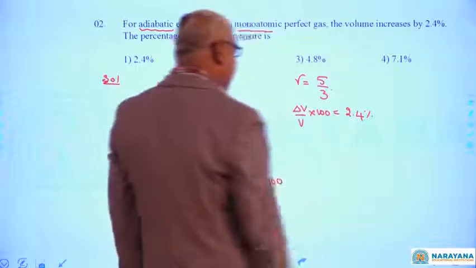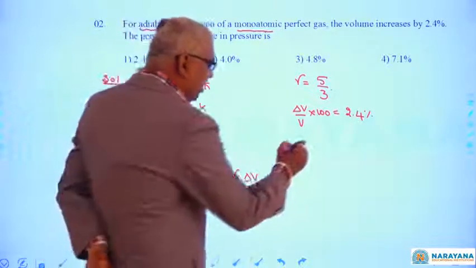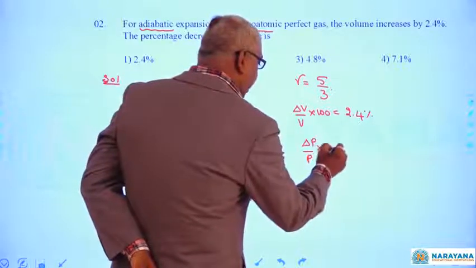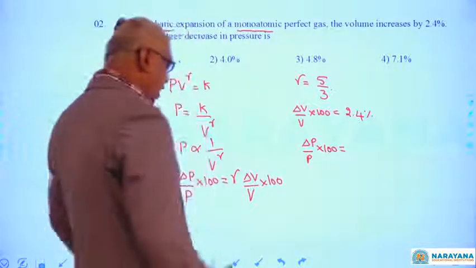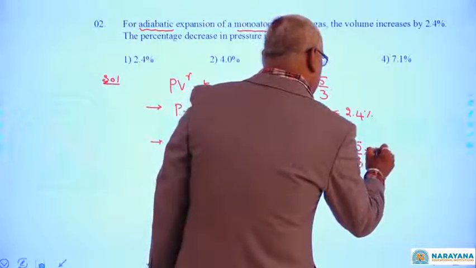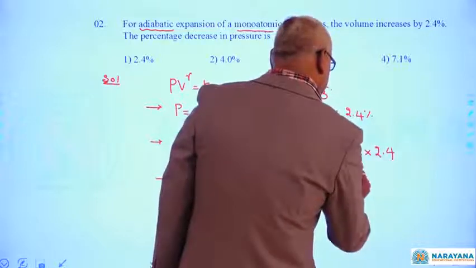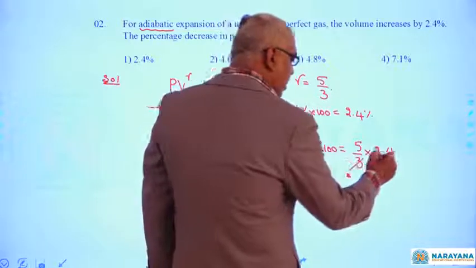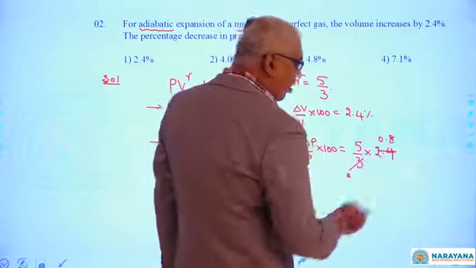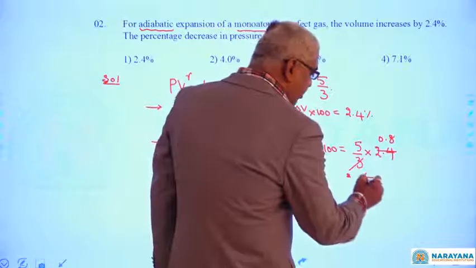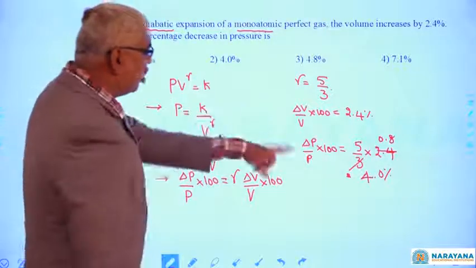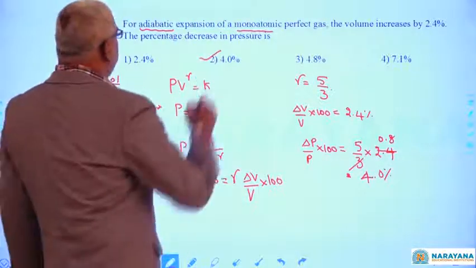On substituting, delta P by P into 100 is equal to 5 by 3 into 2.4%. So 3 ones are 3, 8s are 5, 8s are 40, that is 4.0%. The answer is 4.0%, which is your second option.